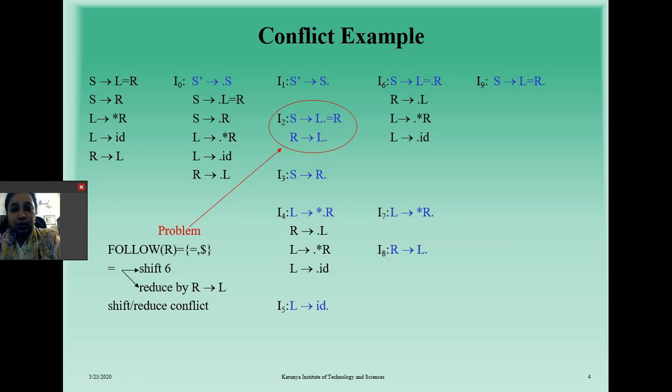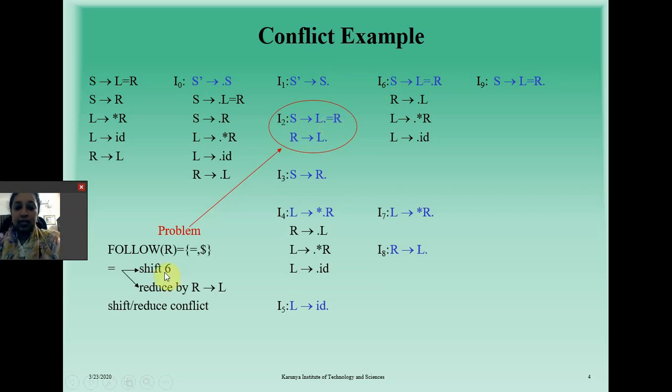Now, what do we do while reducing? We are supposed to make a reduction entry for the follow symbols of R. So, what is the follow symbol of R? Follow of R would be equal to and dollar sign, based on the rules of follow. Now, I have to place an entry of reduce by R produces L under equal to and dollar sign, and if you remember, goto of I2 on equal to is I6. So I2 under equal to will have two entries.